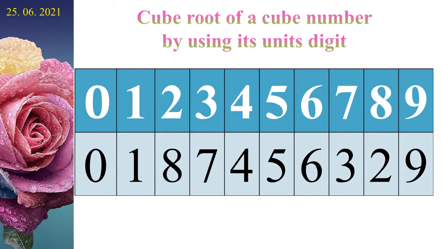If the units digit is 6, the units digit of the cube root is also 6. If the units digit is 7, the units digit of the cube root is 3. If the units digit is 8, the units digit of the cube root is 2. If the units digit is 9, the units digit of the cube root is also 9.